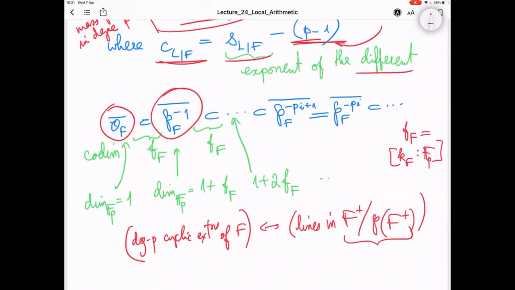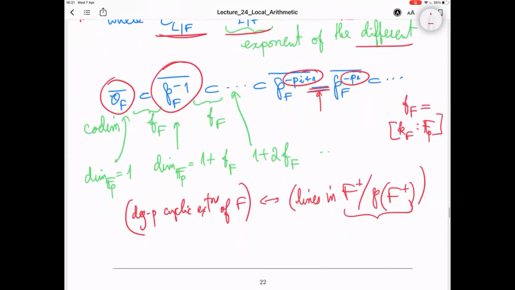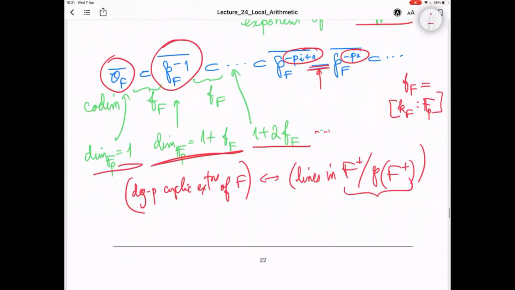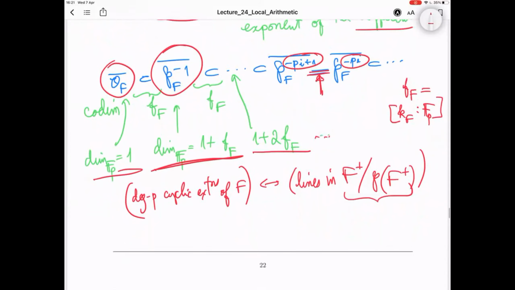So it has this filtration, and whenever it's a multiple of p, you have equality. So the dimension of the first one is 1, the dimension of the next one is 1 plus f_F, and the dimension of the next one is 1 plus 2f_F, and so on, right? Except that these equalities one has to take into account.